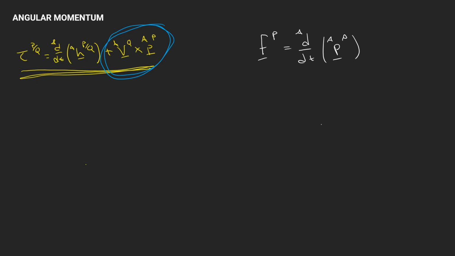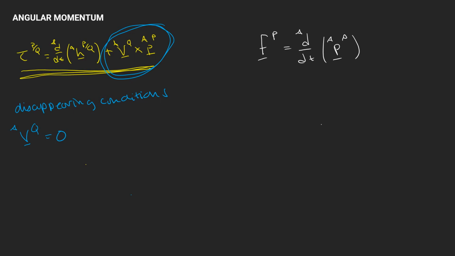And so just to review some times when it will disappear. So the disappearing conditions. Well, you can imagine that when the velocity of point Q is equal to 0, this vector multiplication essentially will go to 0.